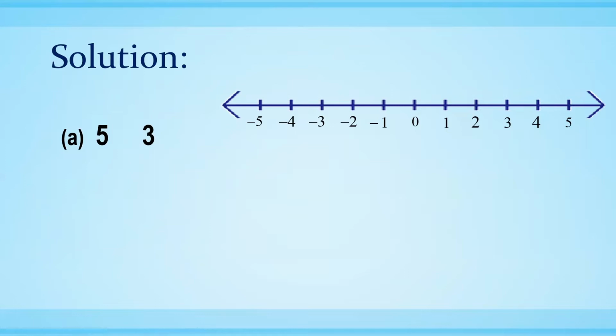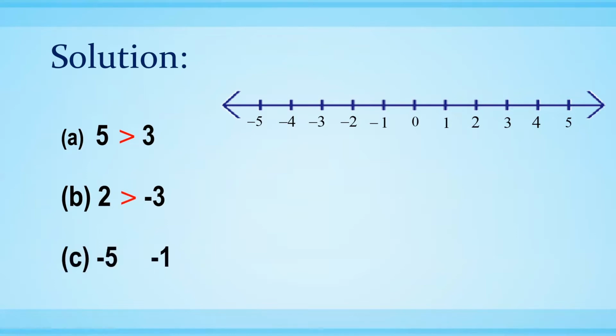Now, part A, 5, you can see that 5 is found to the right of 3. So this means that 5 is greater than 3. Part B, 2 and negative 3. So 2 is found to the right of negative 3. 2 is going to be greater than negative 3.